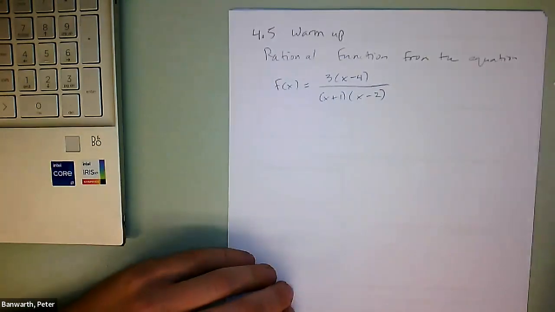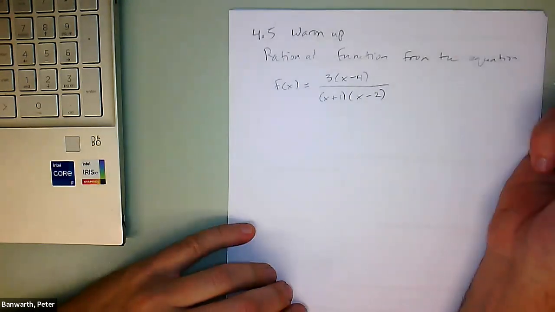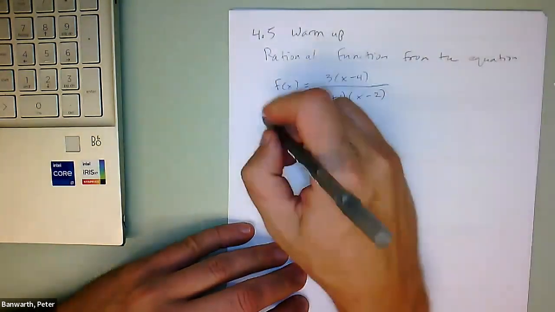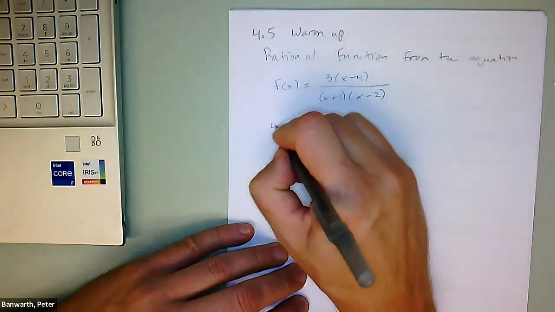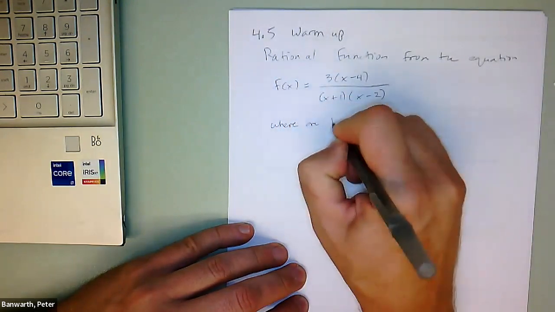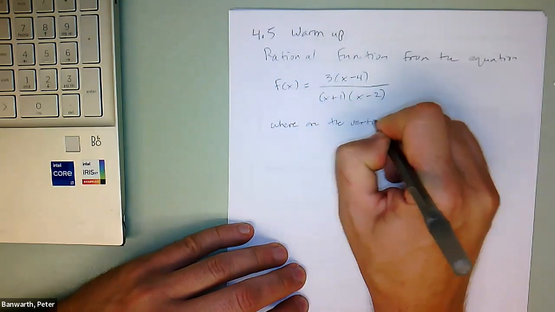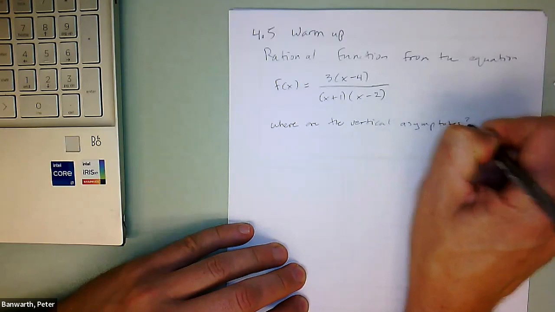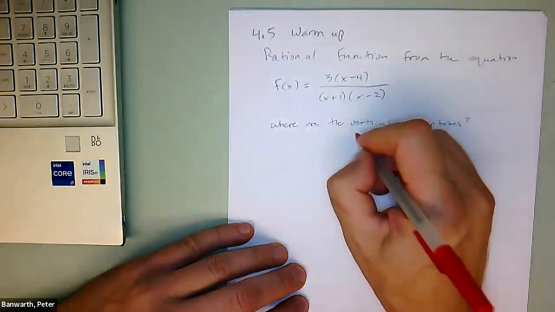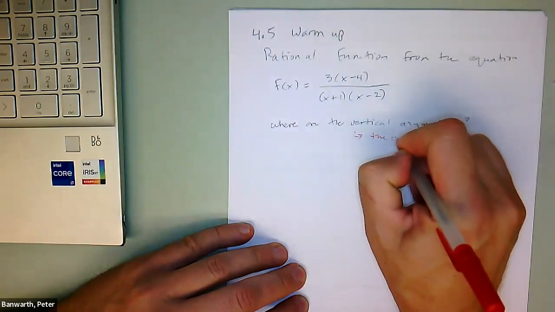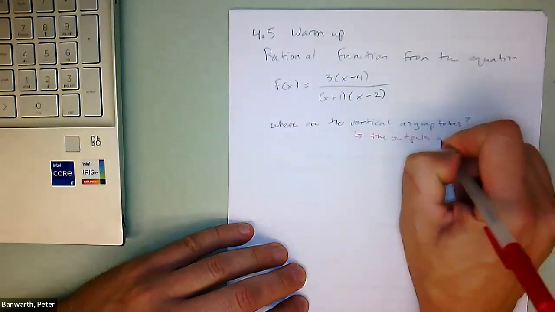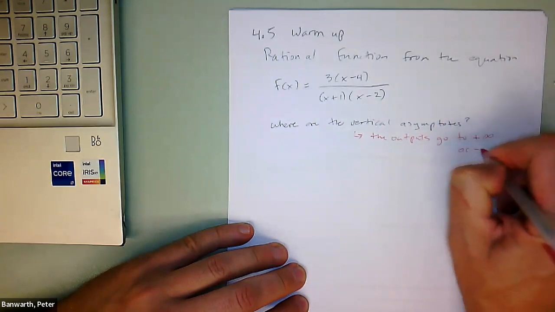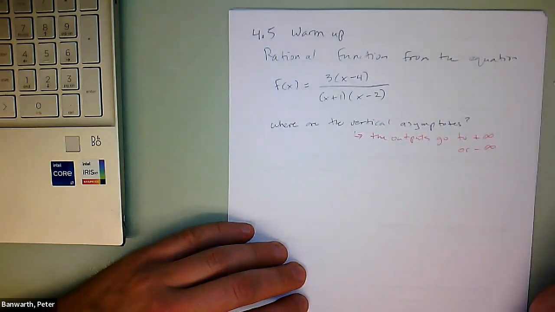All right, there's a lot you can figure out from a rational function. First thing you can figure out is where are the vertical asymptotes? And remember that a vertical asymptote means the outputs go to positive infinity or negative infinity.